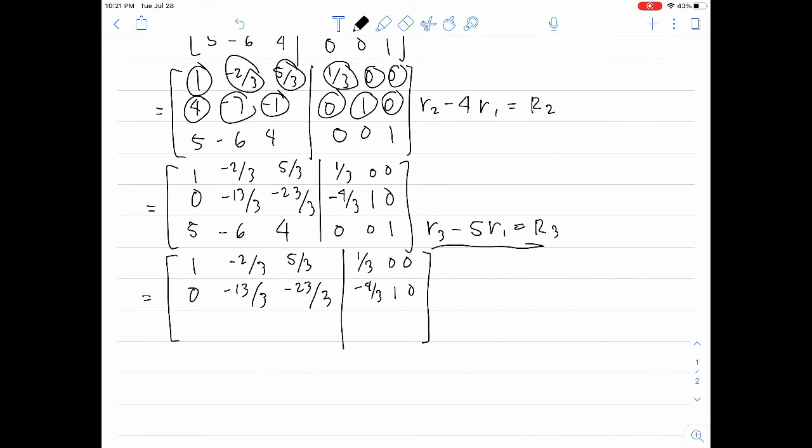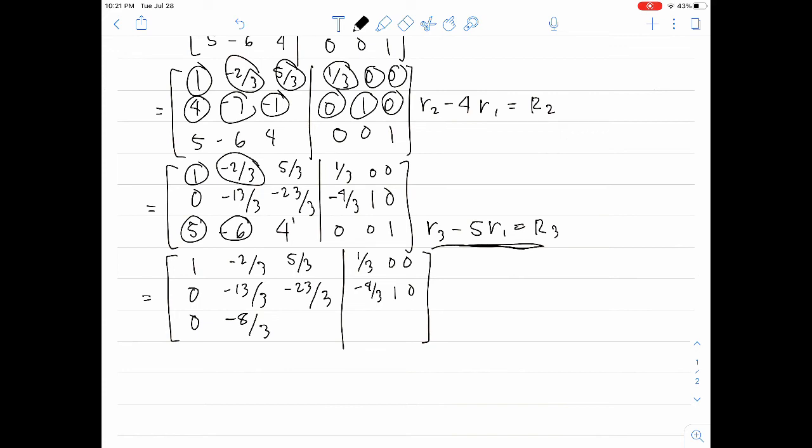This is the formula we use: 5 minus 5 times 1 is 0. Negative 6 minus 5 times negative 2 over 3 is negative 8 over 3.